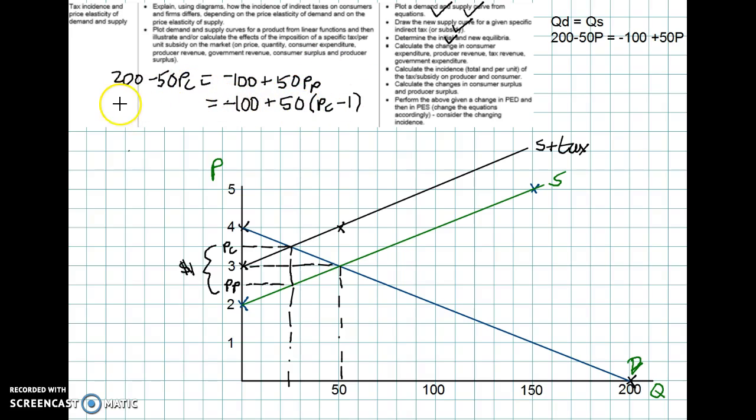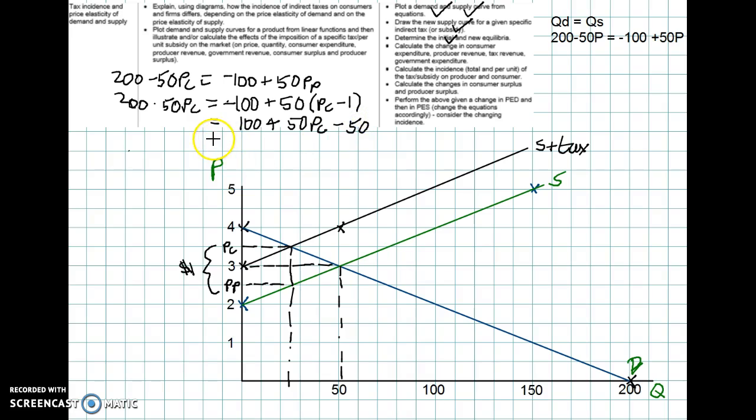So there we go. We've changed it around, so we've got PC on both sides. Let's finish this off here: 200 minus 50 PC. What we need to do now is just solve for PC. First we multiply the brackets out: 100 plus 50 PC minus 50.